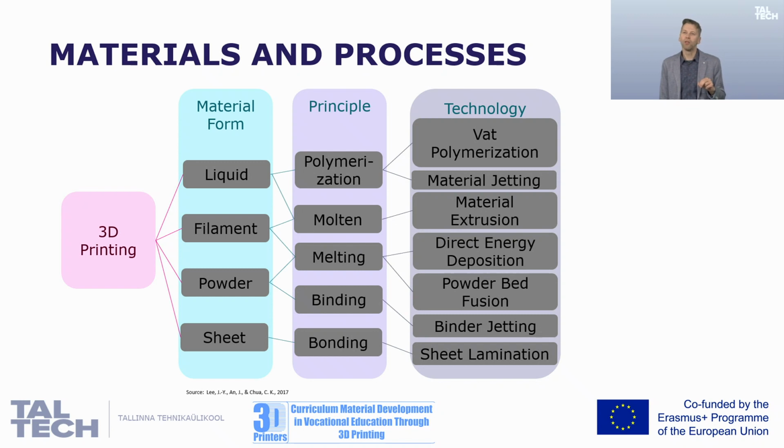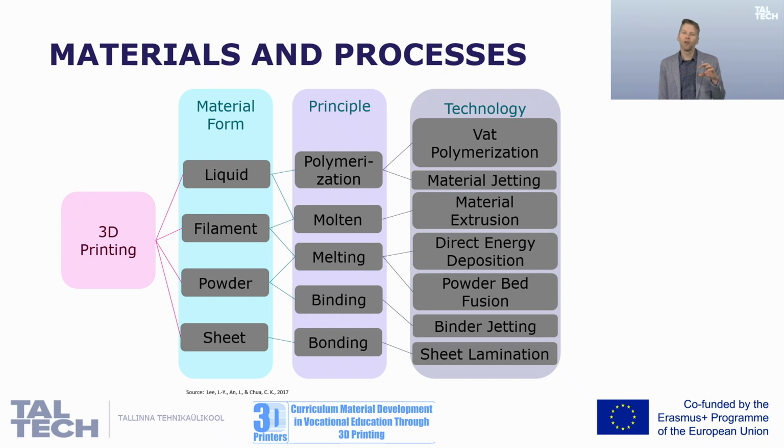So filament-based technologies are using this molten approach where, for example, fused deposition modeling includes melting plastic filament and depositing, or extruding, this into the final form, so it solidifies and creates the cross section of the part. So we can also use powders, and we can melt the powders, and when it cools down then it forms the solid object.